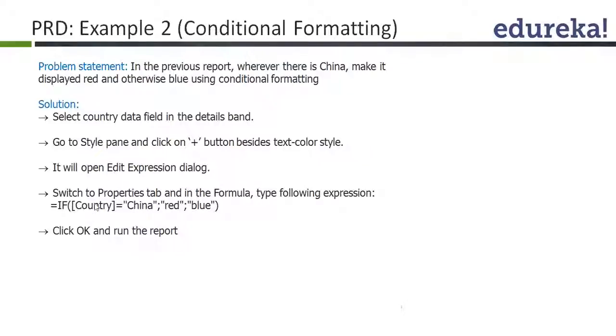So in square brackets you are saying country, if country matches China, then colon, and if yes, then it will return the value red, if no, then it will return the value blue.